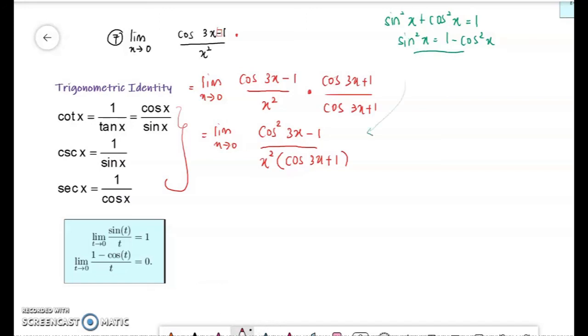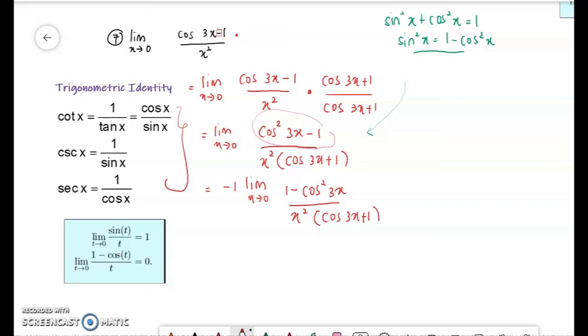Now what you can do is factorize the negative, so we have negative 1. The limit as x approaches 0, we factorize this one, you get 1 minus cos square 3x over x square, times cos 3x plus 1.